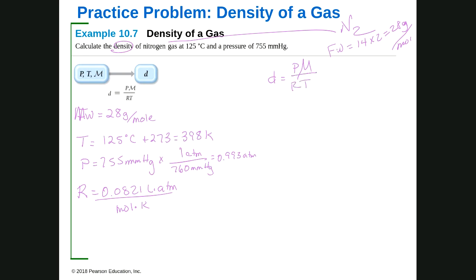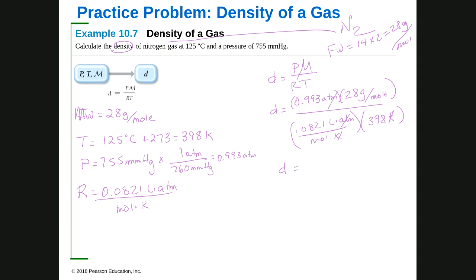So D is equal to the pressure in atmospheres, 0.993 atmospheres times 28 grams per mole divided by 0.0821 liter atmosphere per mole K times temperature of 398 K. And so when I get rid of all this stuff, so K and atmospheres and moles, I'm left with grams and liters, which is what I want.